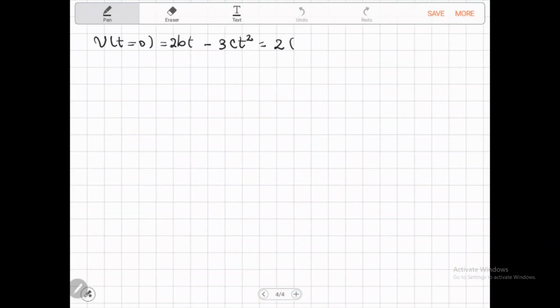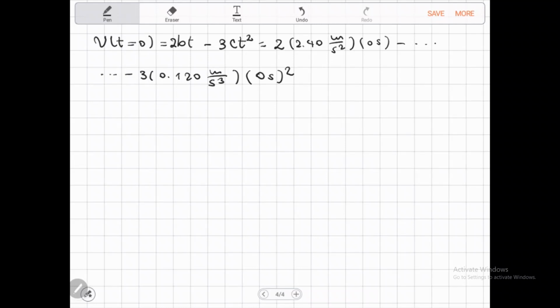So this 2 times b, but b is 2.40 meters per second squared, times the time, in this case the time is 0, minus 3 c 0.120 meters per second cubed, and in this case time is 0 seconds squared.